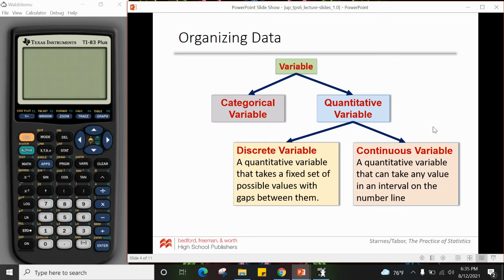A continuous variable, on the other hand, is a quantitative variable that can take any value in an interval on the number line. This is where your height would be, because someone could be 6'1 1/4" or 5'5 and 1/8 of an inch. You can range anywhere through that. Another easy way to think about this is your weight.